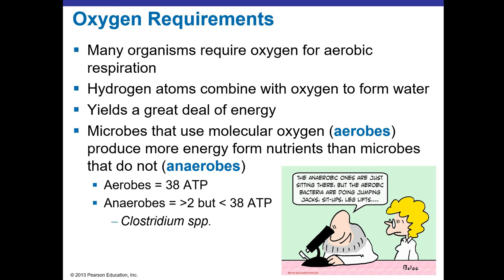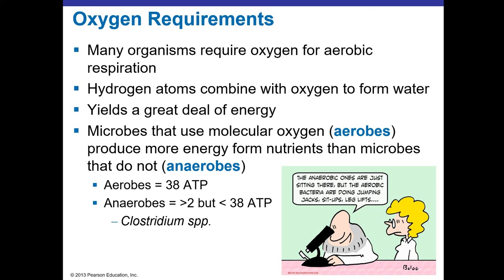In this case, they're going to use hydrogen atoms that combine with oxygen as the final electron acceptor to form water as the last step in that cellular aerobic respiration, and that yields a great deal of energy. For microbes that use molecular oxygen, those aerobes, the bacteria that are aerobes are able to get 38 ATP for every 1 molecule of glucose.